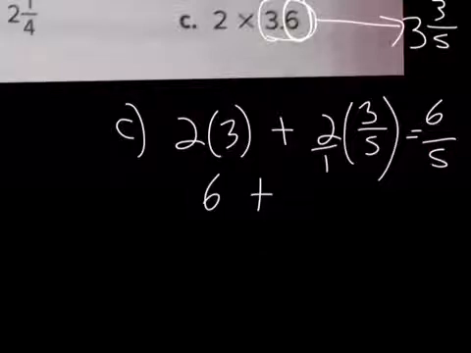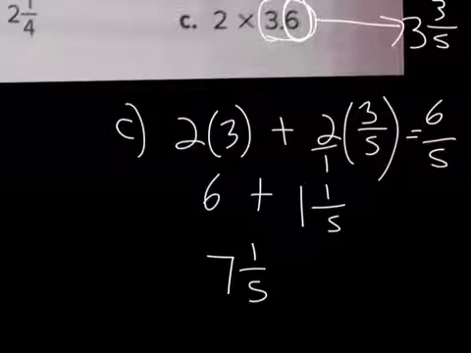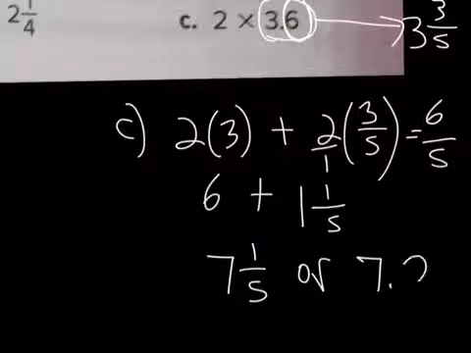How many 5s do you have in 6? You have one of them, so I'm going to write it right here. I have one of them, one left over, or 1 and 1/5, and when I add them, I have 7 and 1/5, or what is 1/5 written in the tenths place? Well, we would have to turn this to a 10 to write it in the tenths place, and this to a 2. If you double this, you must double this. So it would be 7.2.